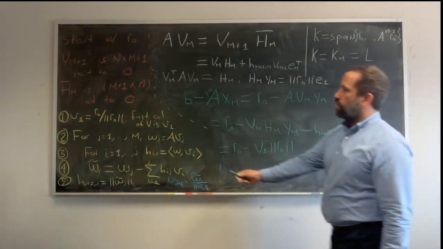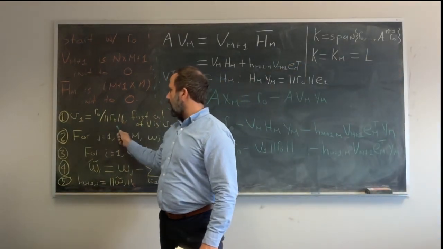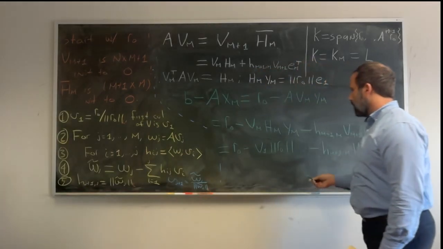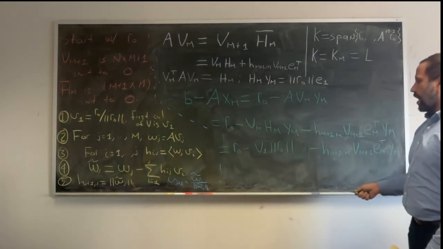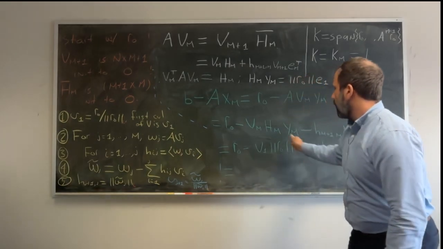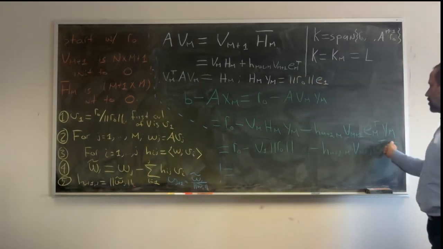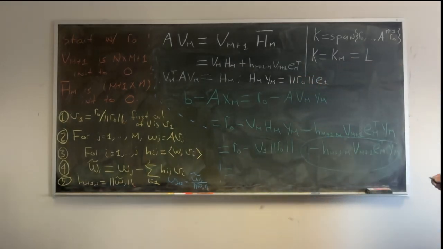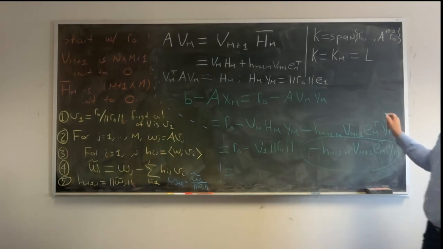Well, V1 times the magnitude of R naught is just R naught. So this right here is just R naught. And so this vector is 0, so we're just left with this vector right here. And I'm going to write that up here.